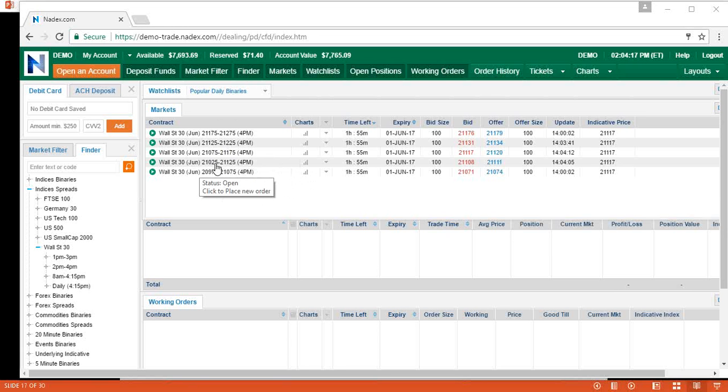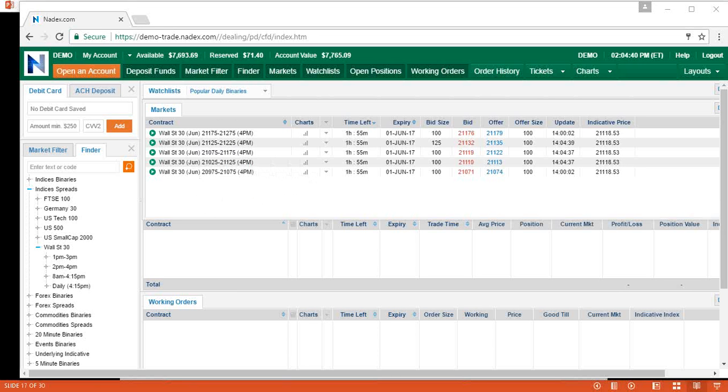Down 100 ticks. Everybody see that? Look at this spread. The same number, 21,125, and it goes where? Up 100 ticks. Okay?